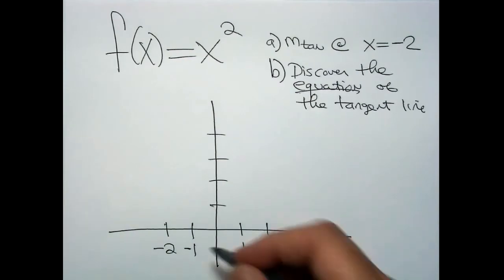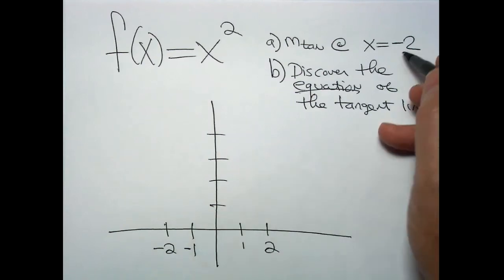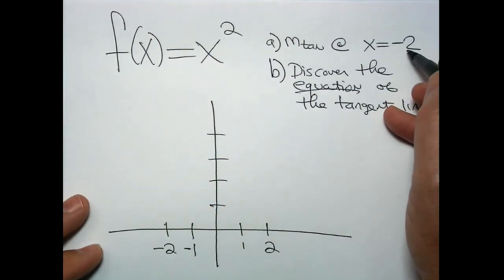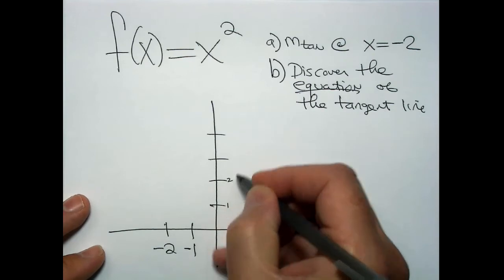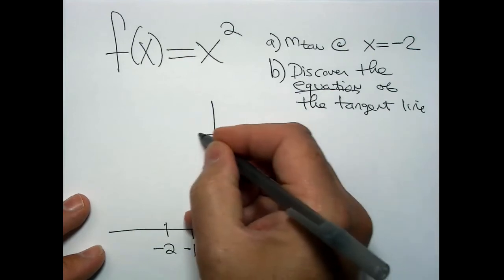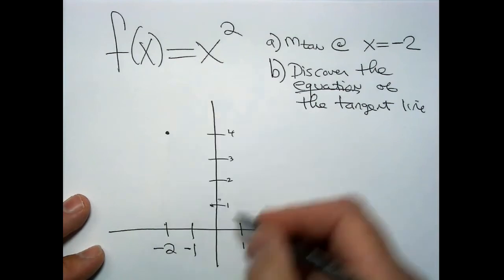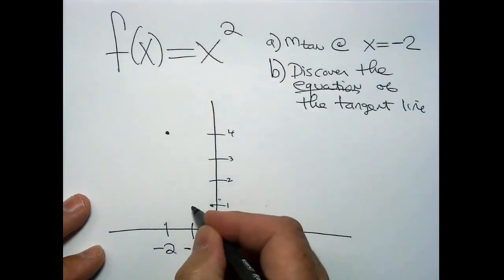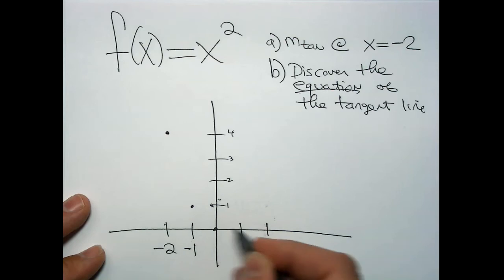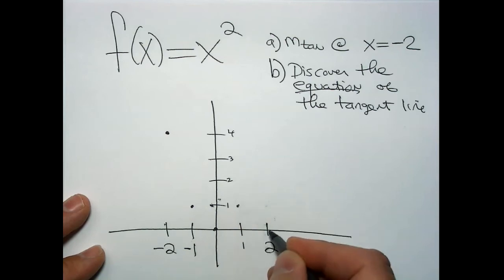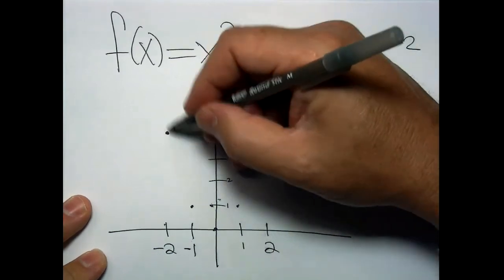And let's see if we can draw, well, first of all, let's establish a point at negative 2. At negative 2, we're way up here at 4. So let's go ahead and establish our point here, right about there. Let's establish the point at negative 1, which is 1. 0 is 0, 1 squared is 1, and of course 2 squared also 4. So let's sketch it in.